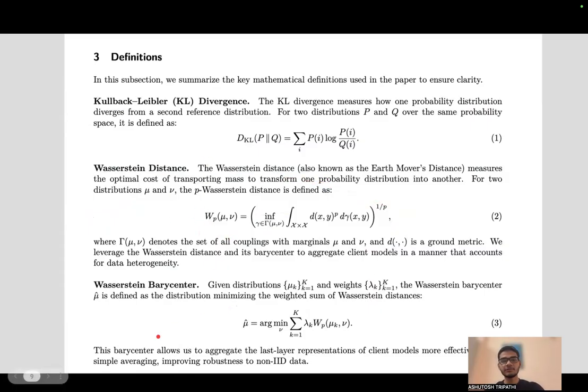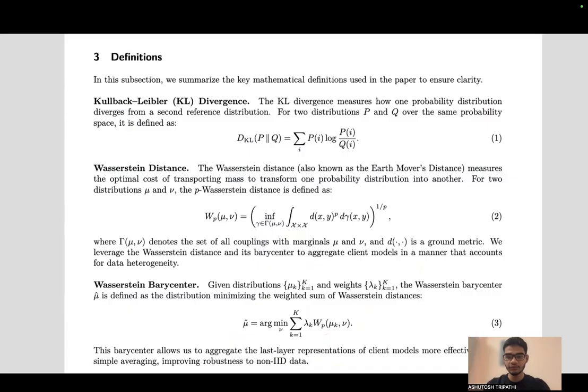Then based on that, what is the Wasserstein barycenter? If we have k distributions such as this, and we have associated weights with each distribution, the Wasserstein barycenter is the distribution that minimizes the weighted sum of these Wasserstein distances. We mathematically calculate the Wasserstein barycenter using this equation.